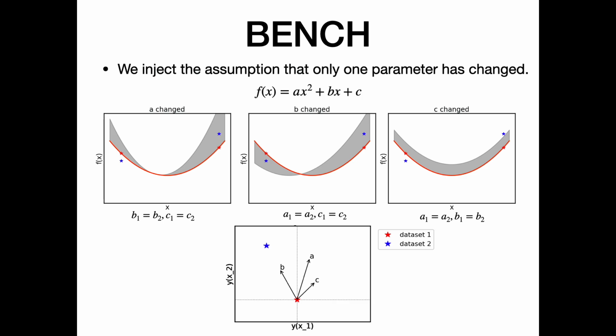Instead, if parameter A changes, we again expect both of the measurements to increase, but the rate of the increase is different for each of the measurements. And if parameter B is the changed one, we expect that the first measurement on the x-axis decreases while the second measurement would increase.